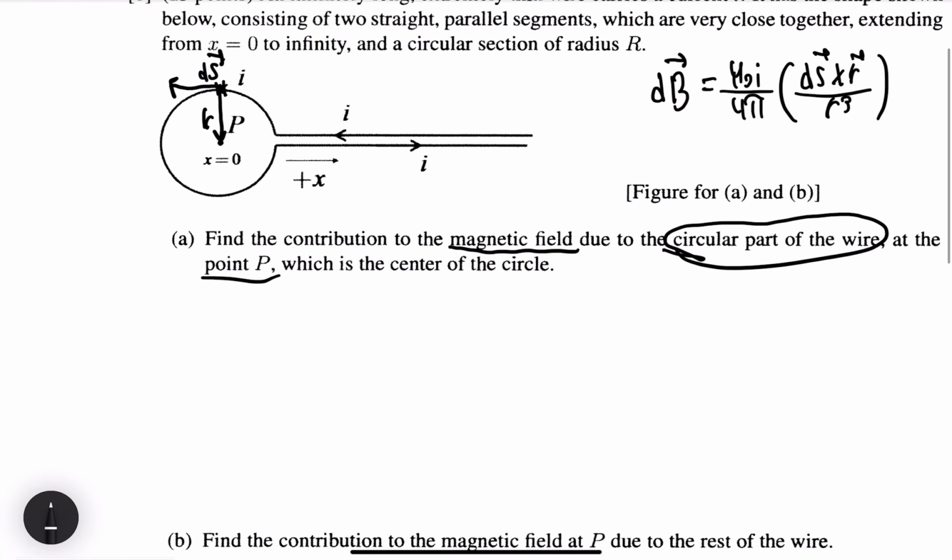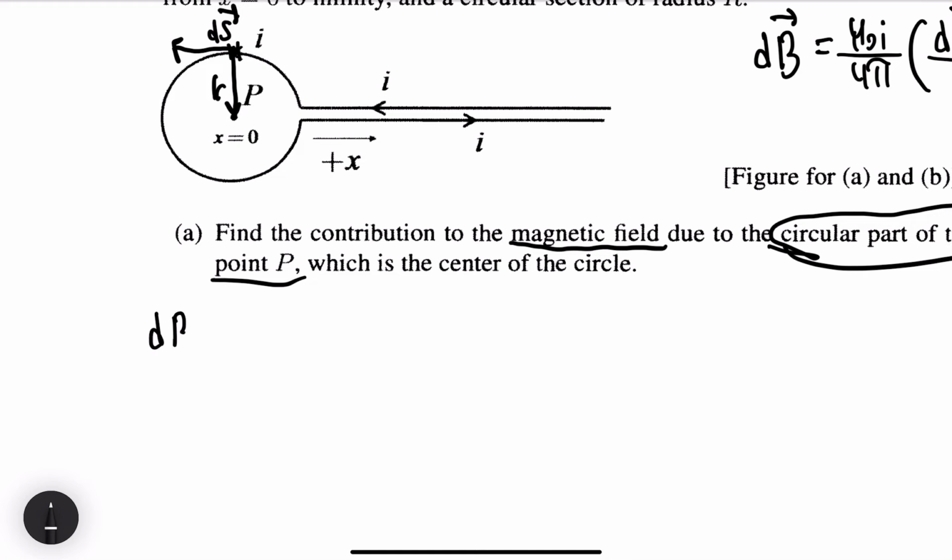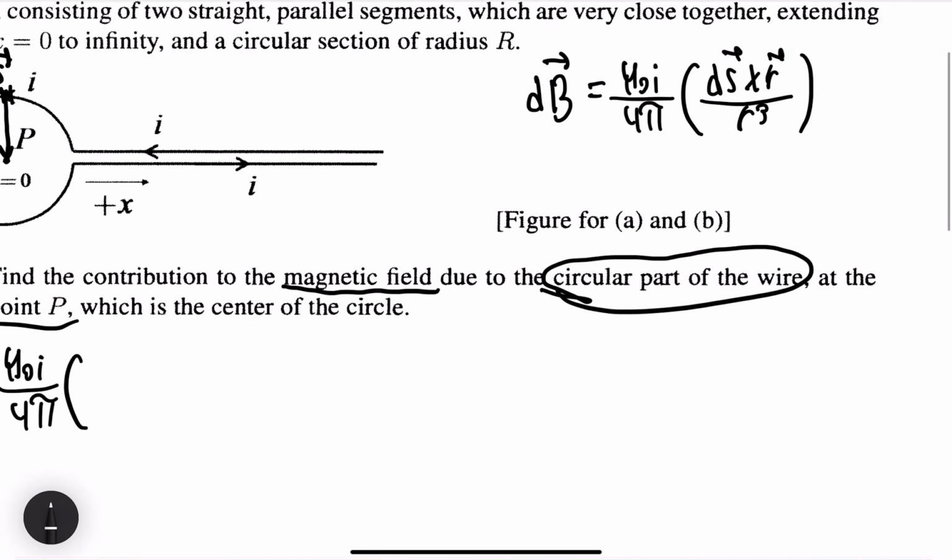Then I would get that dB is equal to mu naught I over 4 pi, ds cross r.